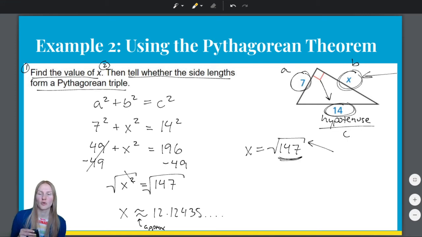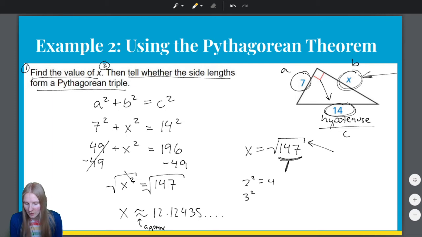So 147, and we want to see, is 147 divisible by any square? And when I say square, I mean 2 squared is 4, 3 squared is 9, 4 squared is 16, 5 squared is 25, and so on and so forth.